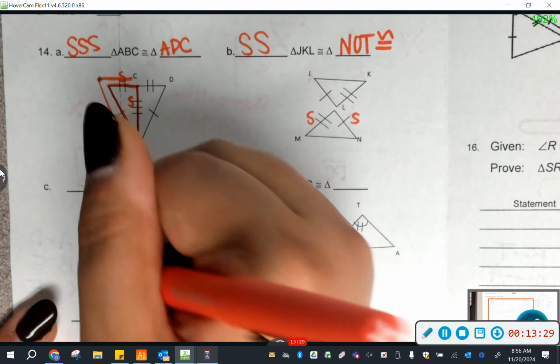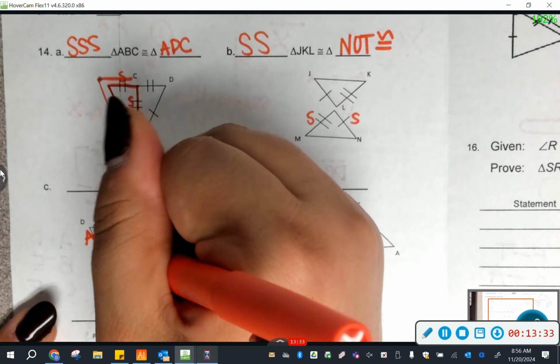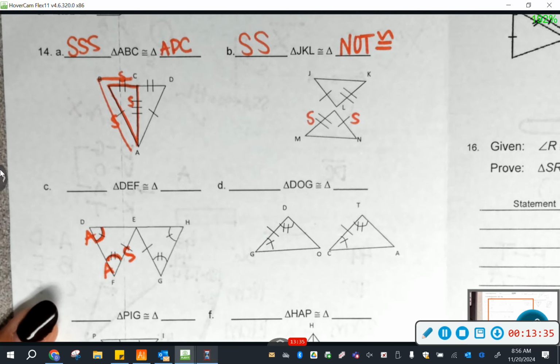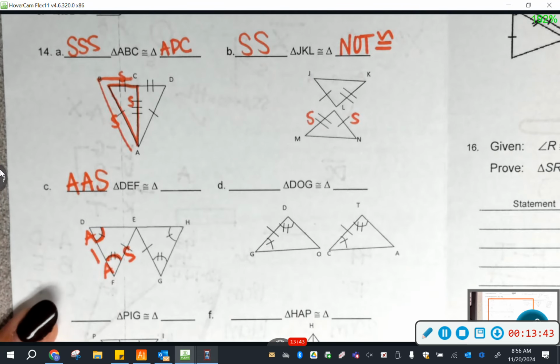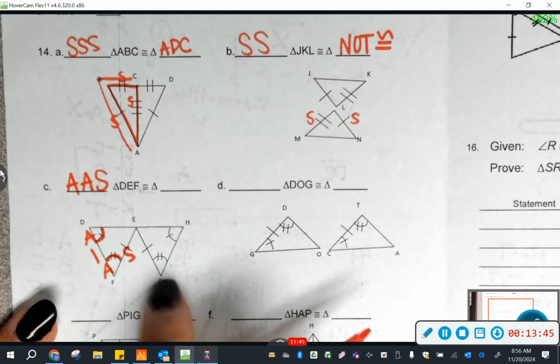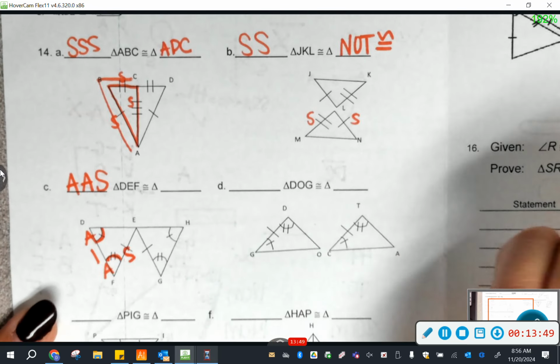For this one, don't worry about these tick marks. Pay attention to the arches. I have 2 angles and a side. Is my side between my 2 angles? No. So it's angle, angle with a side on the end. Does the other one match it? Yeah.